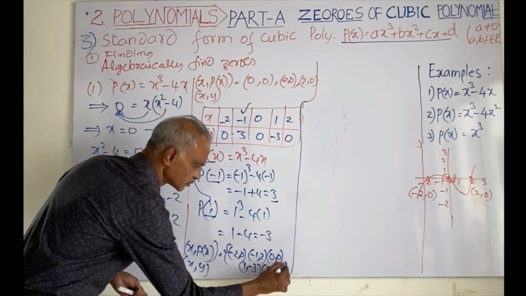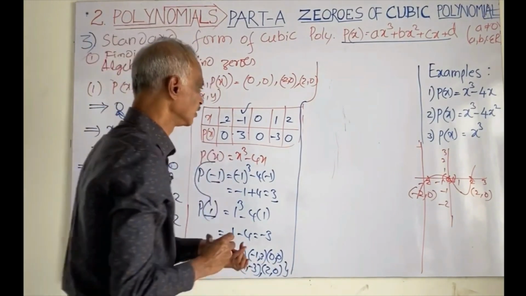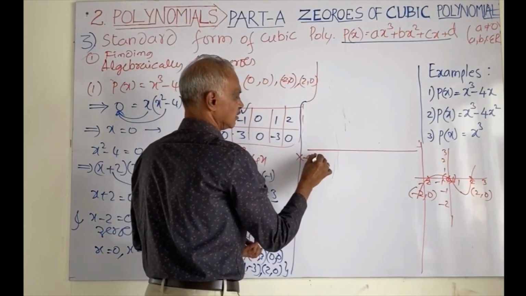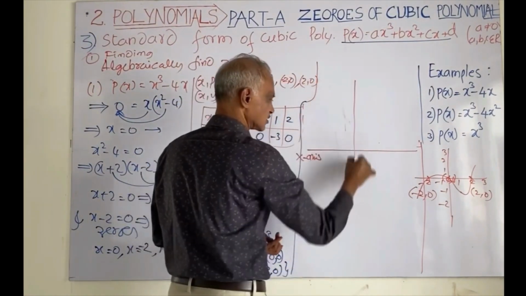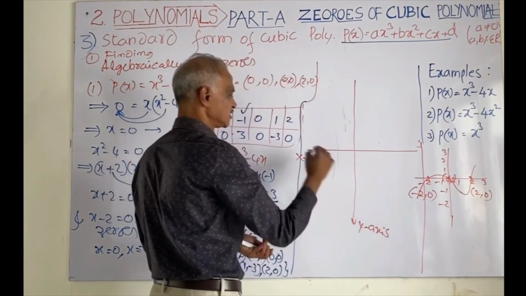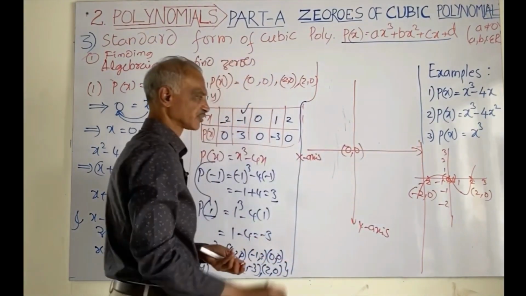These are the points of the solution set. We have to draw the graph with their help. This is the x-axis, the horizontal line, and the vertical line is the y-axis. The intersecting point of the x-axis and y-axis will be the origin.